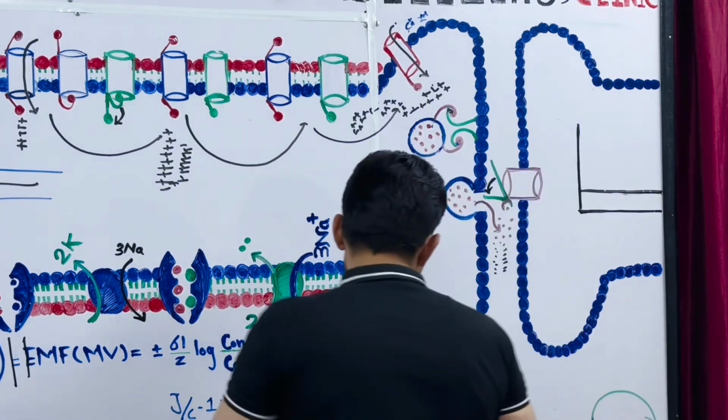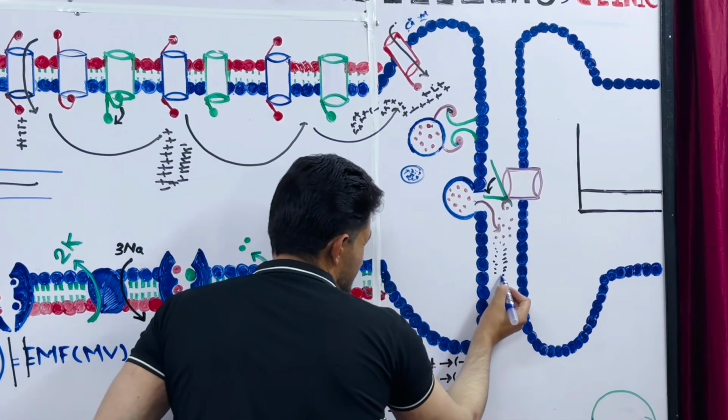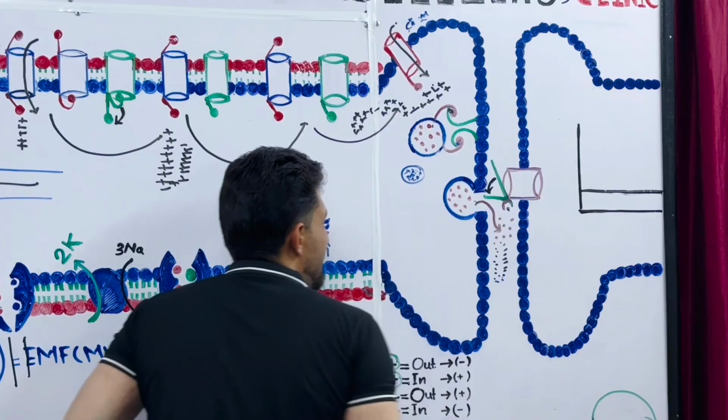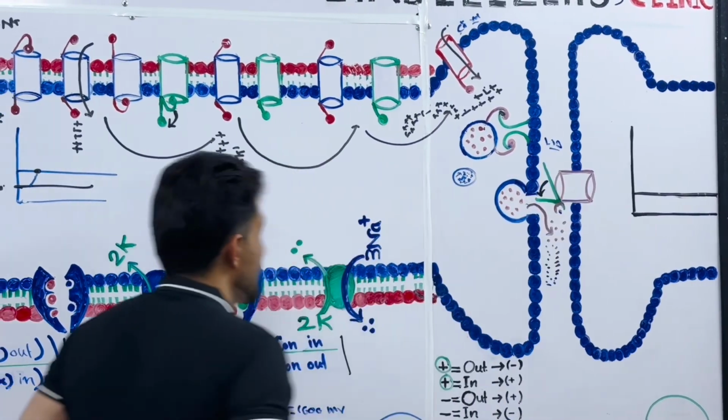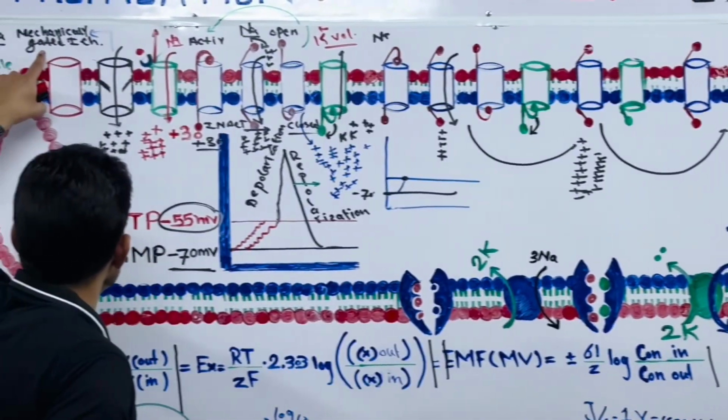Now these neurotransmitters stimulate these ligand-gated ion channels. For example, I talked about it previously.